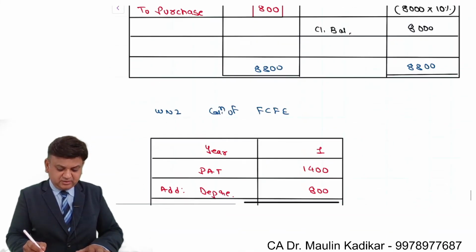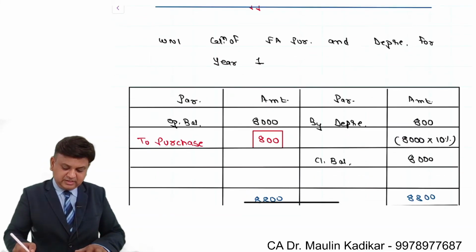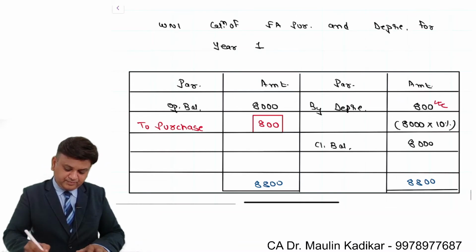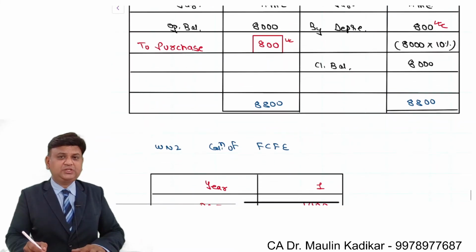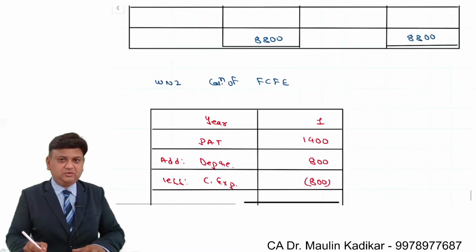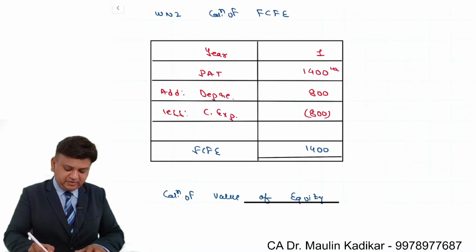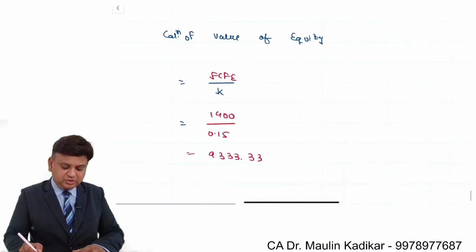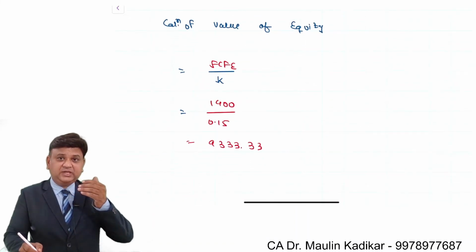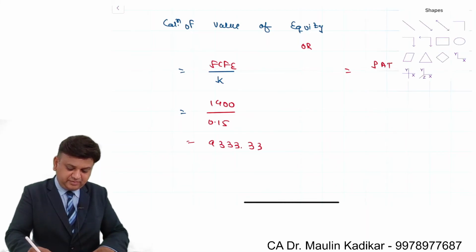Now friends, over here you can logically understand that whatever the depreciation is, itself would be the fixed asset addition. There is no change in the working capital, so it is 0. So what will happen technically, whatever is the profit itself is a cash flow. So this value of the equity can be calculated directly. You can calculate that directly as profit after taxes upon cost of capital.